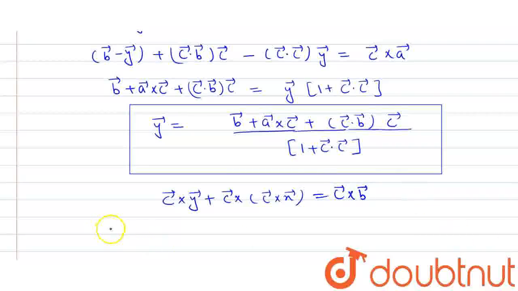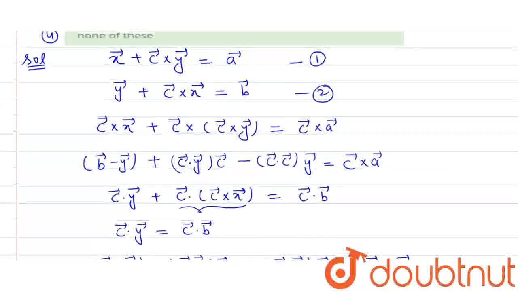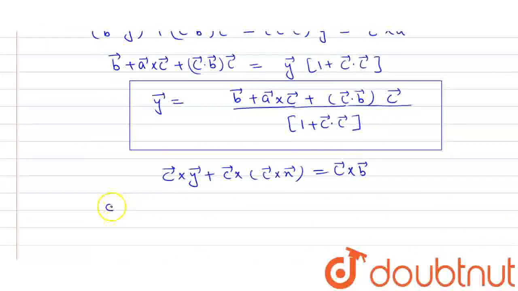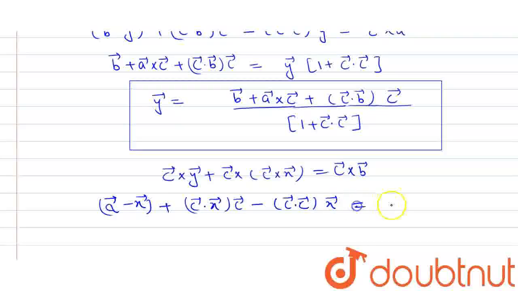So just solve it. From the first equation, c vector cross y vector can be written as a vector minus x vector. So I will write here a vector minus x vector plus c vector dot x vector multiplied by c vector minus c vector dot c vector multiplied by x vector, which is equal to c vector cross b vector.